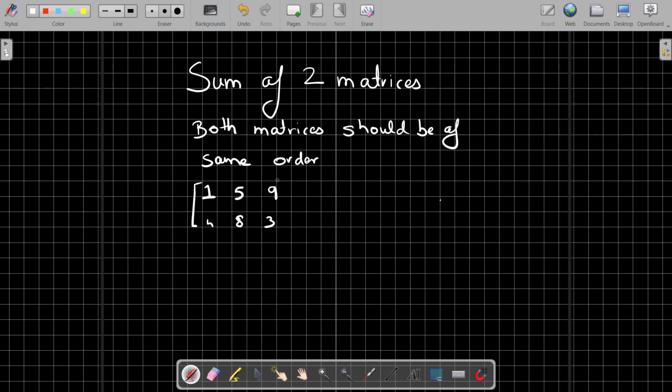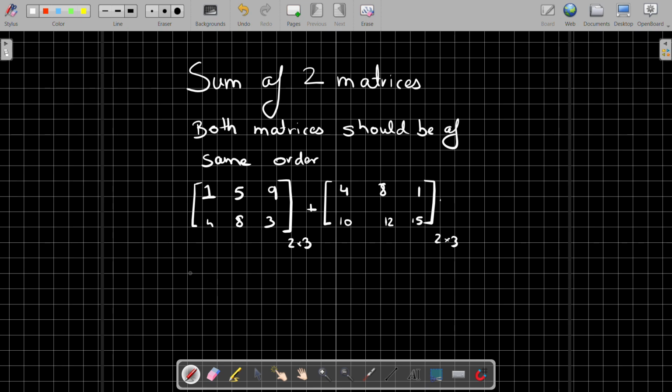Nice small matrix. And let's add it with another small matrix, 4, 8, 1, 10, 12, 15. Two nice small matrices, both are of order 2 by 3.